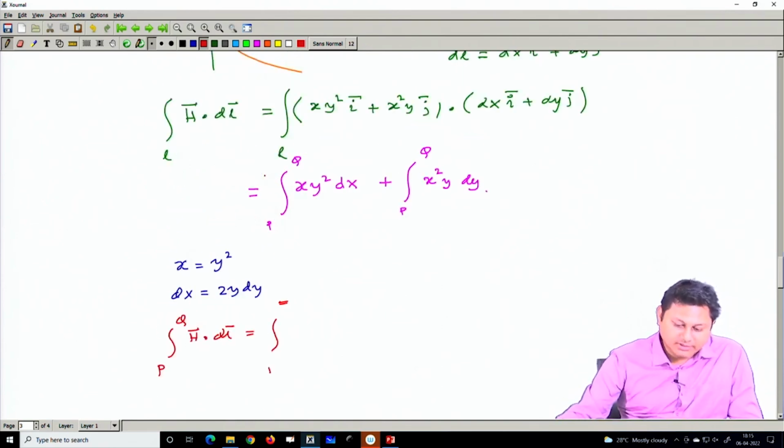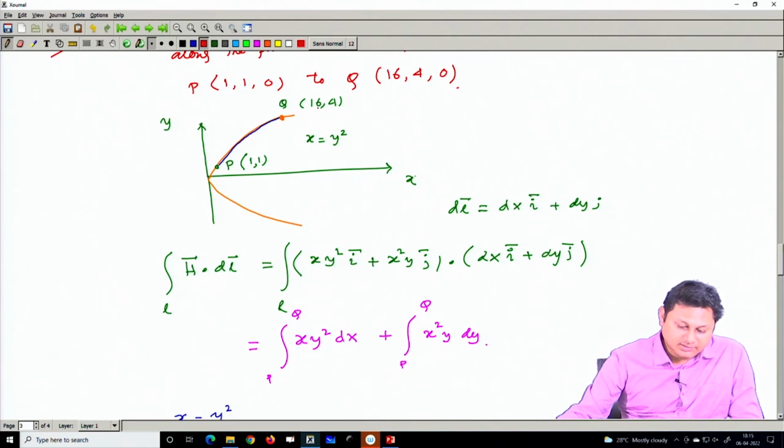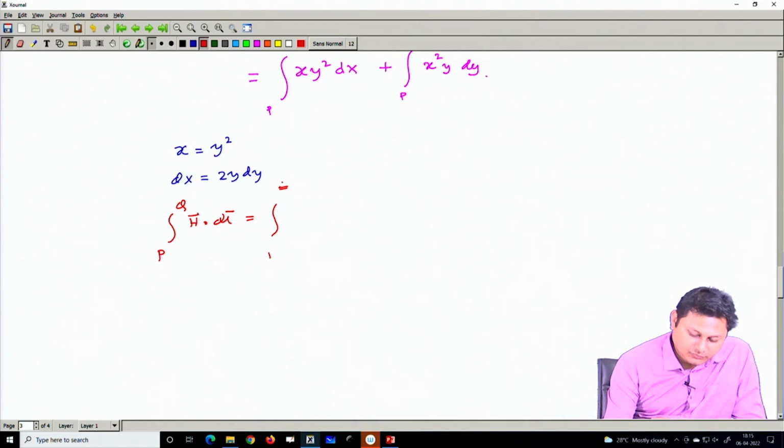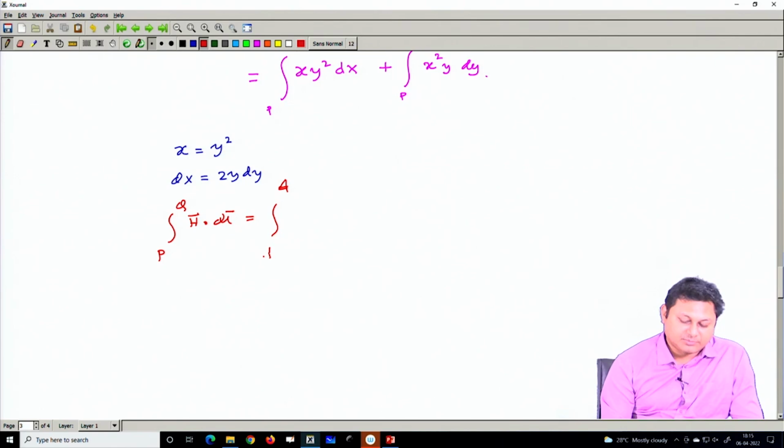No, if I convert everything in terms of y, because x is 16, y is 4, so my limit is 1 to 4. You can do it either way, it is up to you.